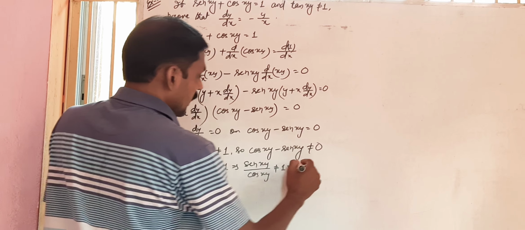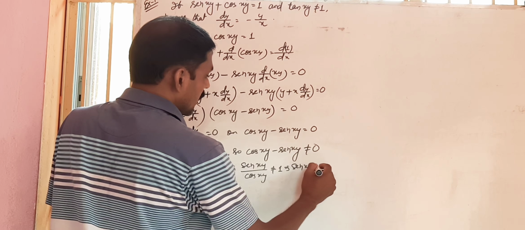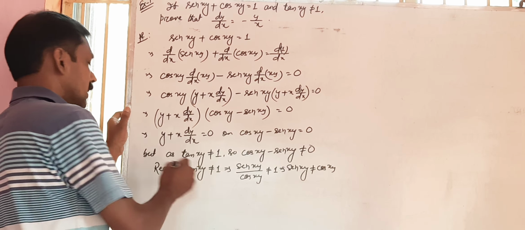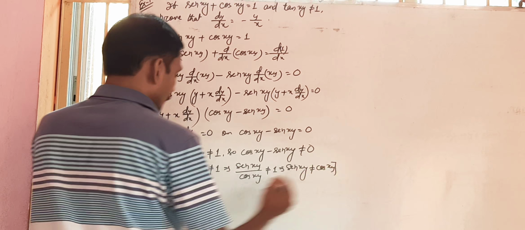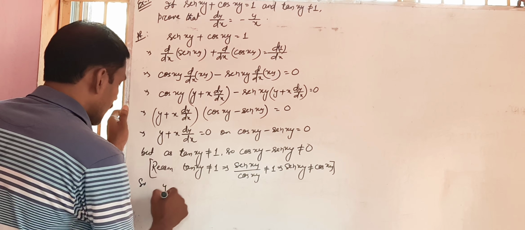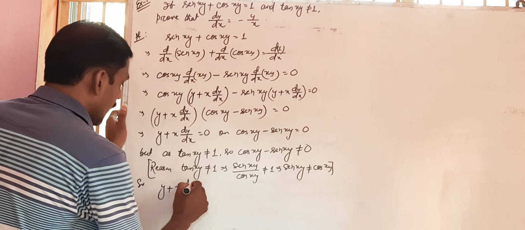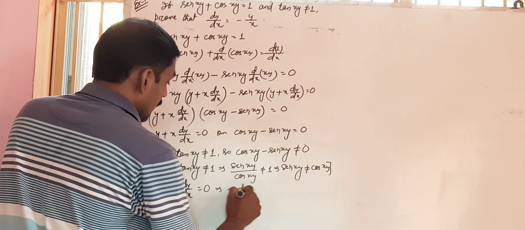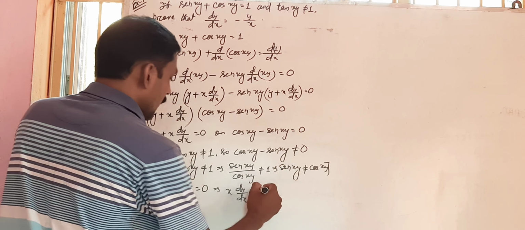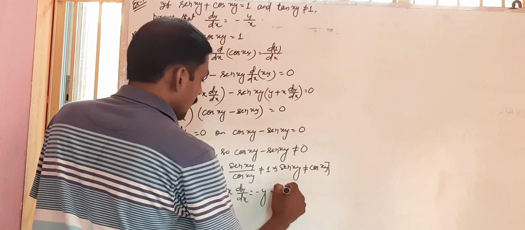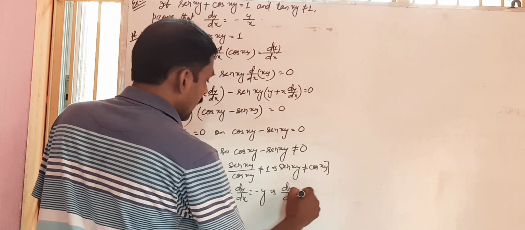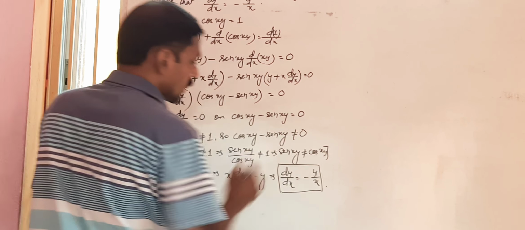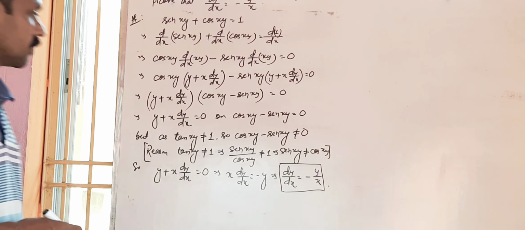This implies, by cross multiplication, sin xy is not equal to cos xy. So the only possibility is y plus x dy by dx equal to 0. This implies x dy by dx, taking y to the right hand side, is minus y, or dy by dx equal to minus y by x. This is what we want to prove. Okay.